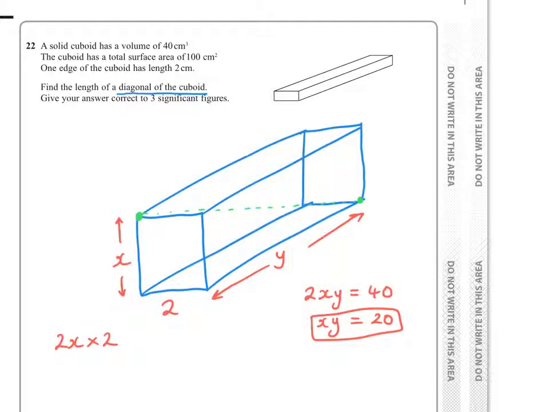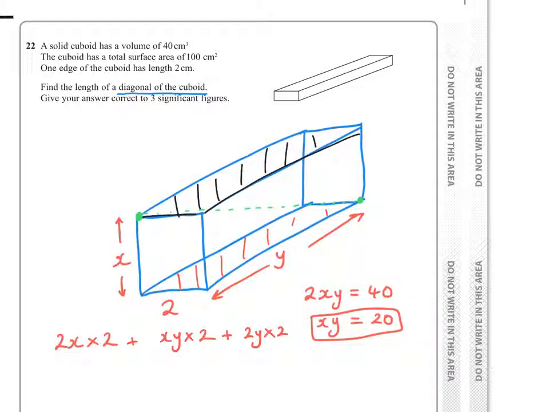So we're going to have x times y, but 2 of those. And then lastly, we're going to have 2 of the top parts. And they're going to measure 2 by y. So we're going to have 2 lots of y, but we've got 2 of those because we've got 1 on the bottom as well, don't forget.